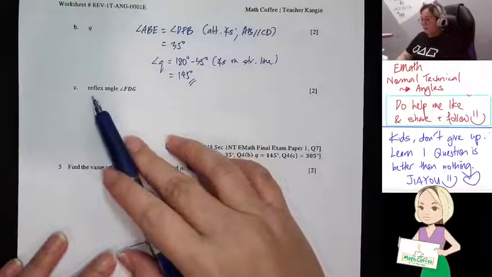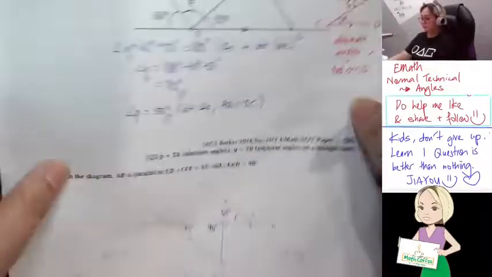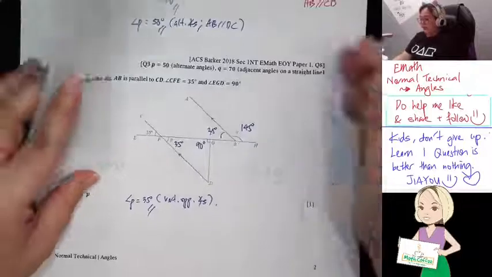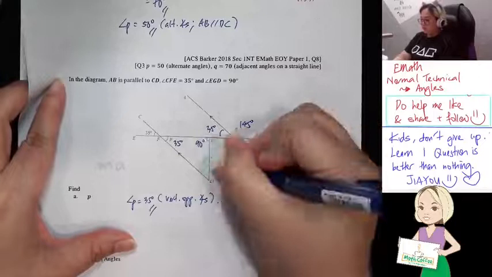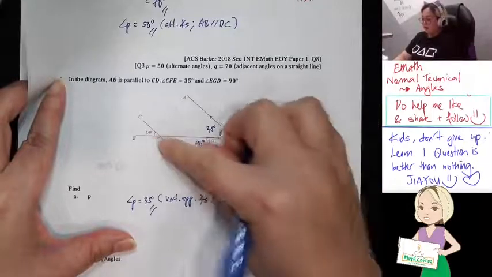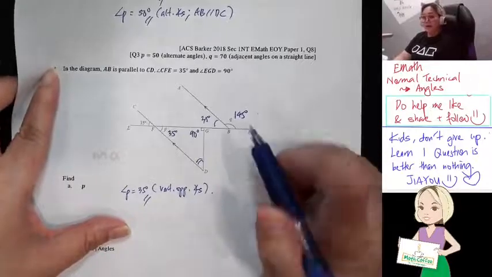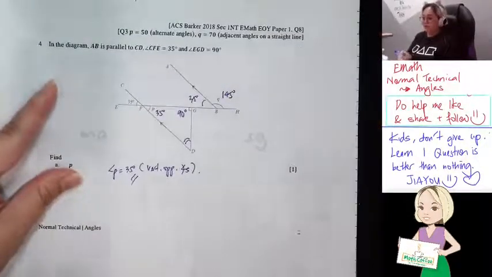Next, reflex angle FDG. So let's go and find FDG. Update this one first, 145. FDG. Okay, you're supposed to find this angle over here. But they have a word in front called reflex. Remember? So FDG actually can refer to two things.